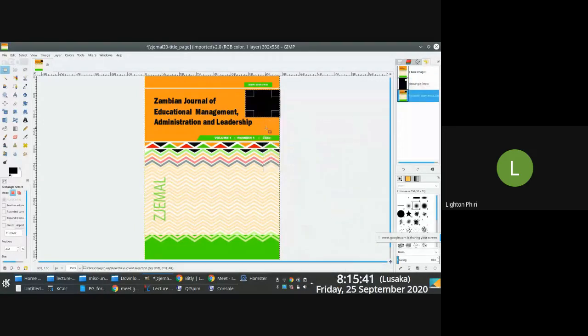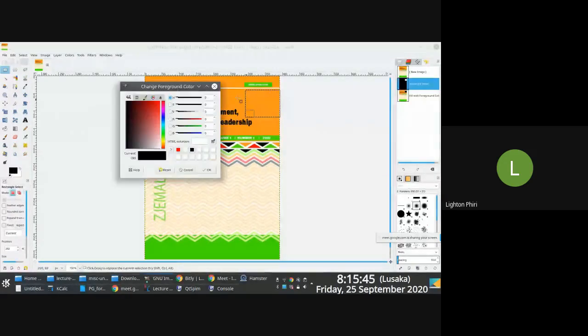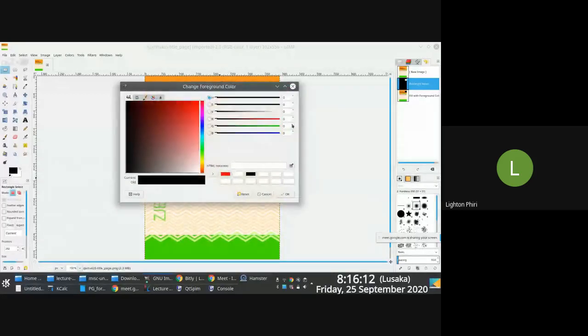But before I fill with color, I'll change the color code. Now, when I'm changing the color code, observe, I can change the hue, the saturation, the equivalent of red, green, and blue, so that I come up with a particular combination of colors. When I'm altering this different combination of colors, I will arrive at a preferred color, right?